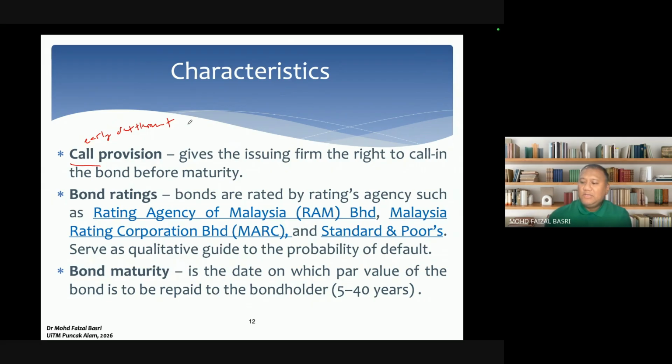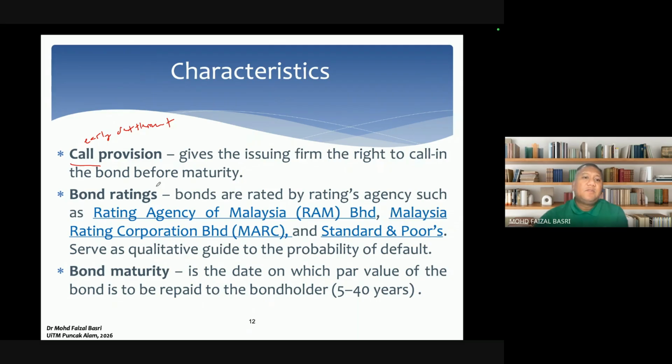So you akan rugi 3 tahun punya return lah. So again, investor akan nampak you gonna rugi 3 tahun punya return. Tapi from issuer point of view, 3 tahun tu adalah 3 tahun punya savings of interest. Sebab dia tak perlu bayar 3 tahun punya interest. So sama macam konsep early settlement kalau kita cerita pasal loan dengan bank lah.